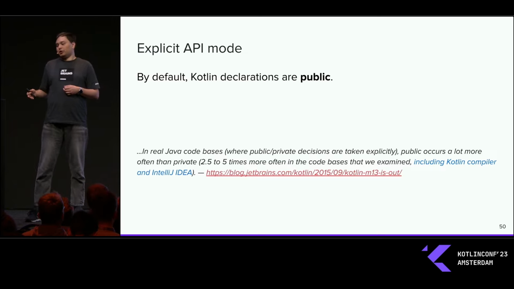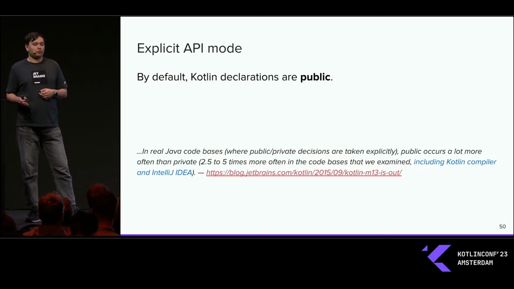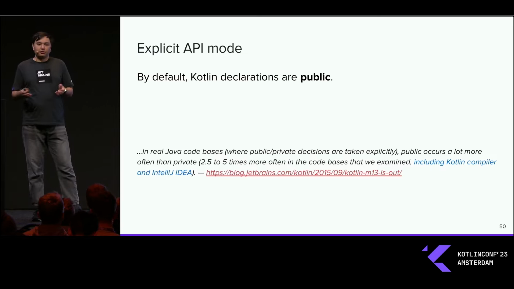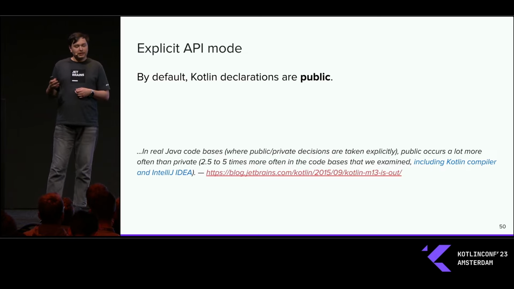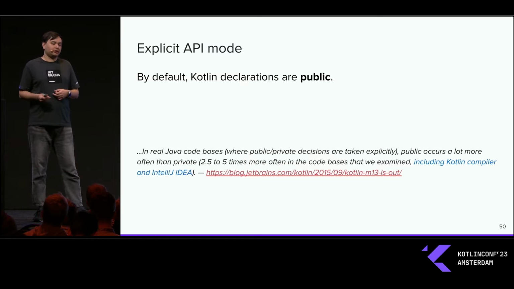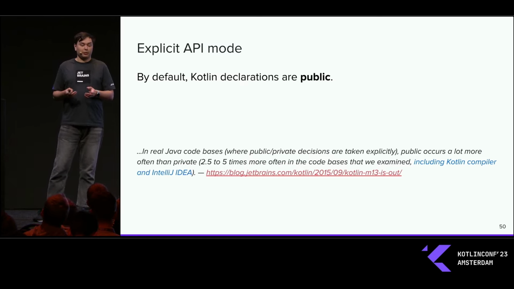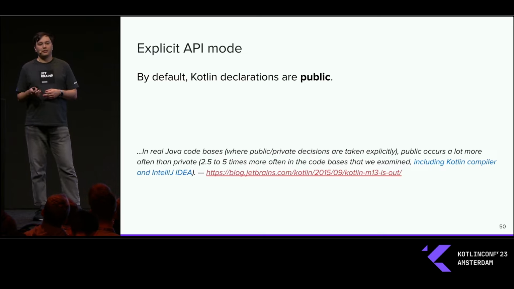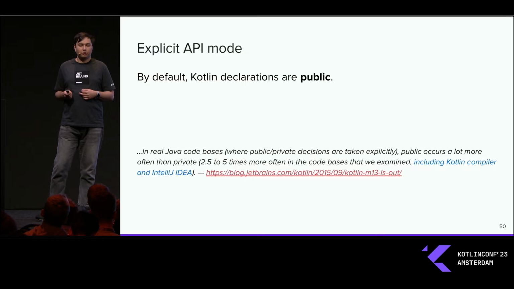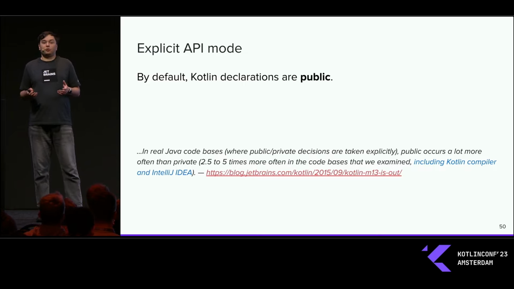But after some consideration and after some studying of large Java code bases like Kotlin compiler and IntelliJ, the designers of Kotlin decided that because public is used so often, it makes sense to make the default Kotlin visibility public. And this is indeed quite handy for application developers, but not so great for library developers.